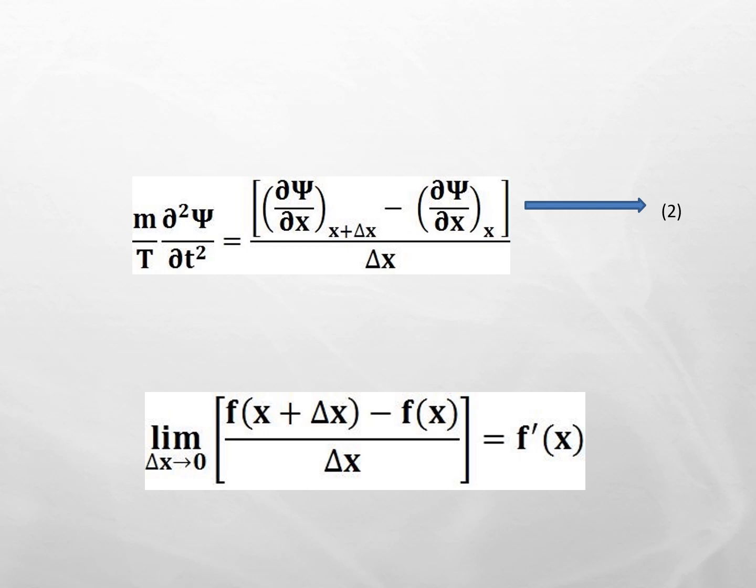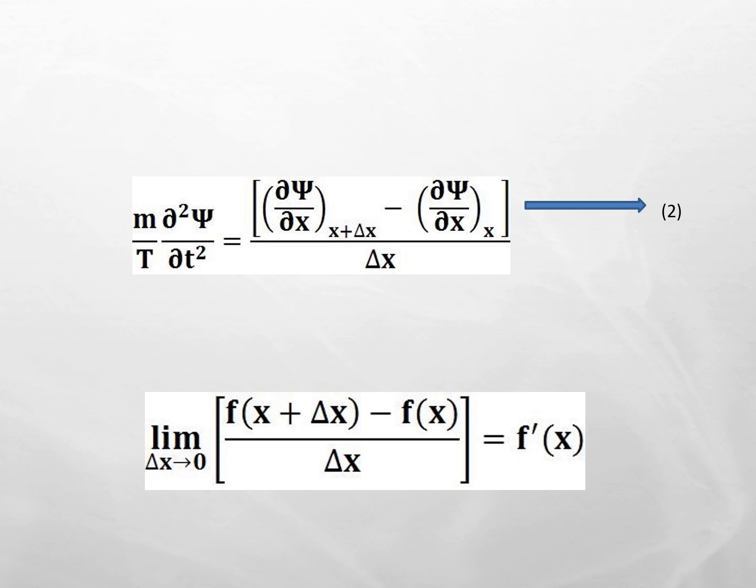You can see that the right hand side of equation 2 is similar to the left hand side of this equation. In place of dou psi by dou x at x plus delta x, you have f of x plus delta x, and instead of dou psi by dou x at x, we have f of x. So, the right hand side of equation 2 can be written as f dash x.